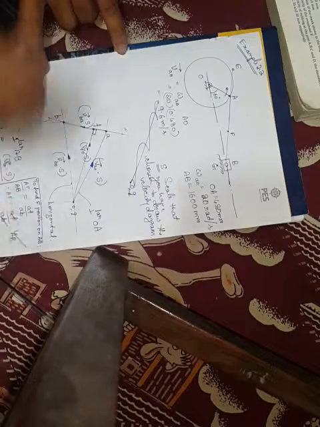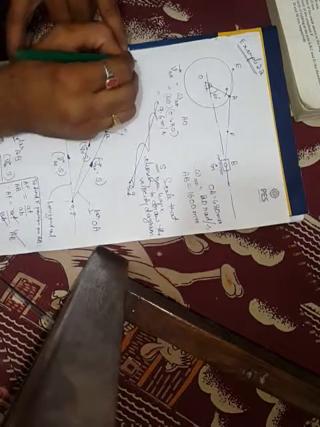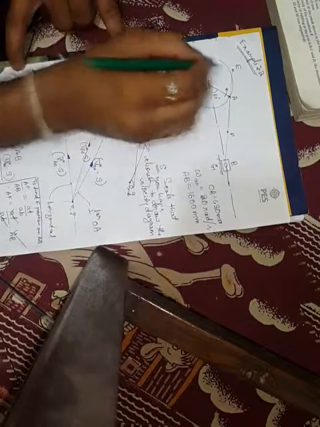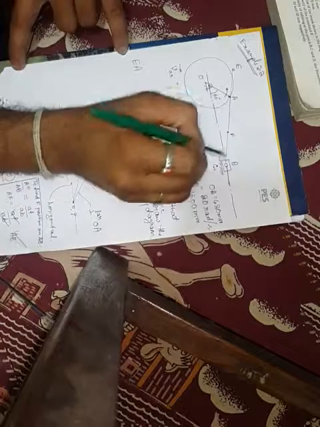Now geometrically, take the value of EA and divide that by AB.